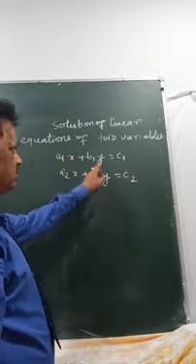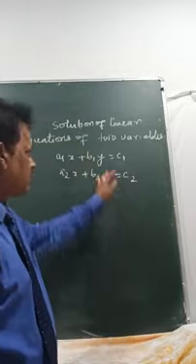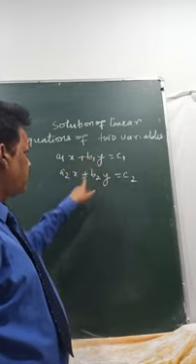Suppose this is the equation given to us. So how to solve? How to solve to find the value of x and y?